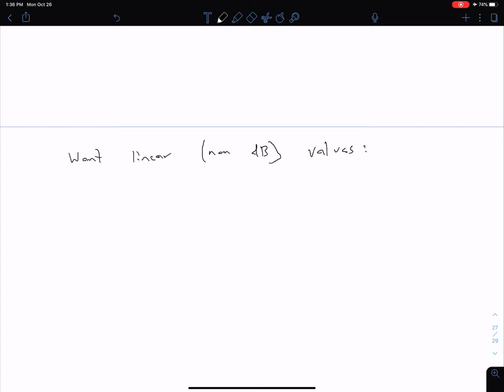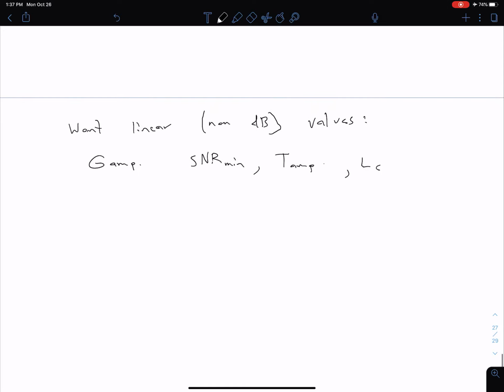So we're going to need linear values for our G amp, our signal to noise ratio minimum, our T amp, and our LC. The reason for that is that, if we go back and look at our given values, all of these were given in terms of decibels. So not too difficult, we're just going to have to do some math to convert that to our linear scale.